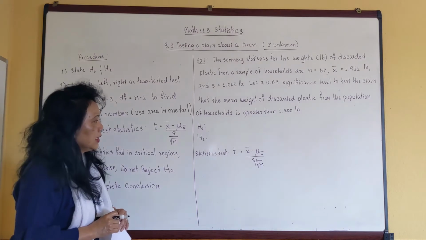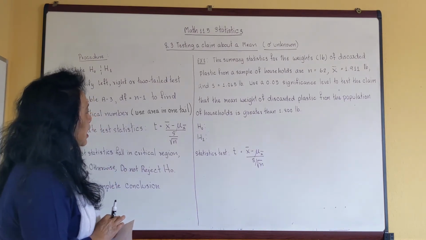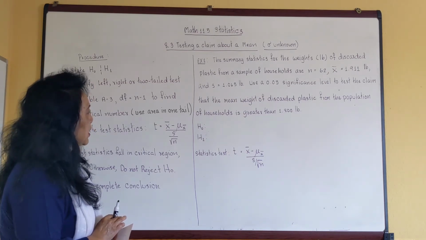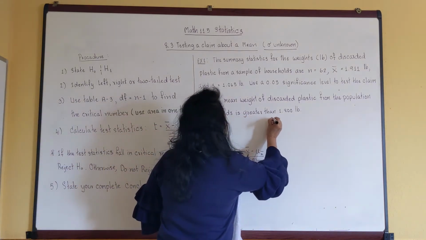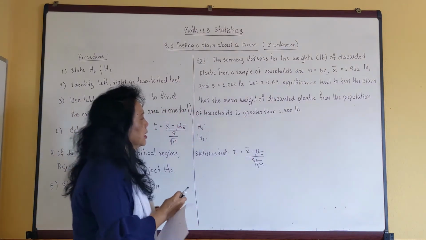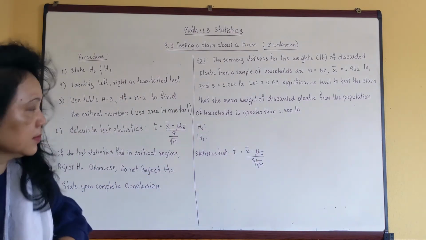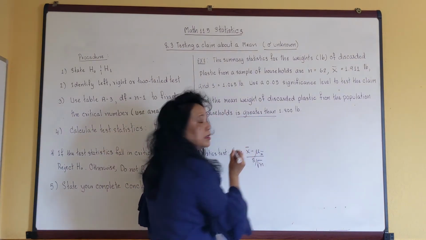Concentrate on the claim. The claim said that the mean weight of discarded plastic for the population of households is greater than 1.8 pounds.